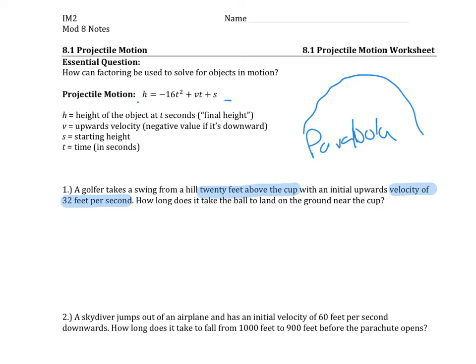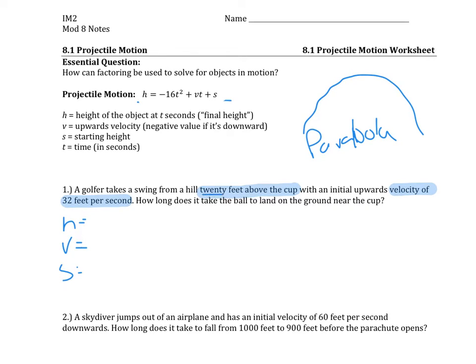So then as we go to label all that stuff, our height, which is our final height, we have our velocity, and then our S, which is our starting height.